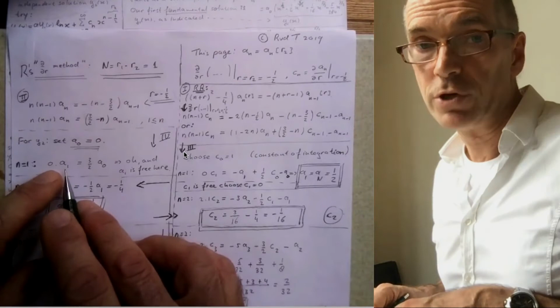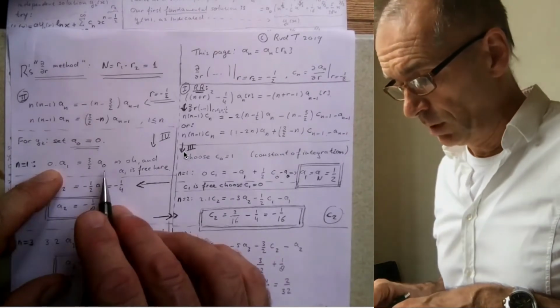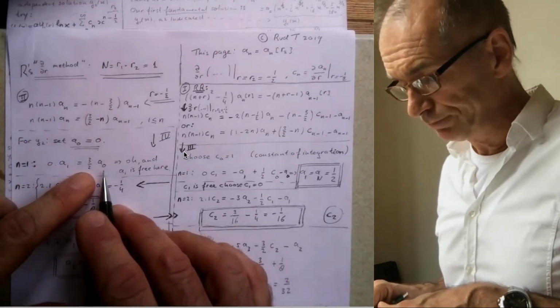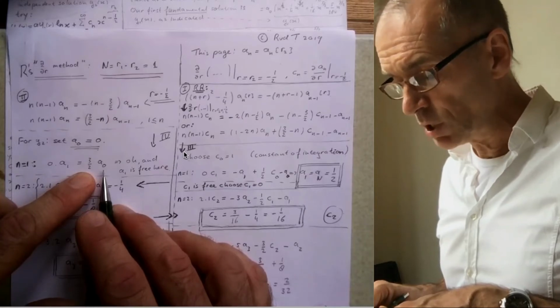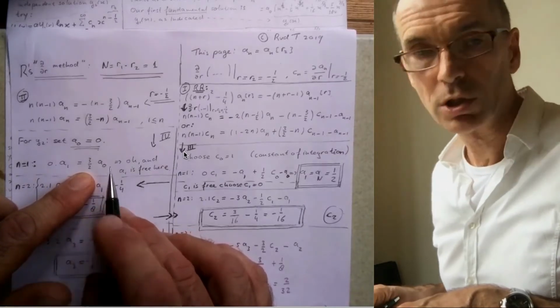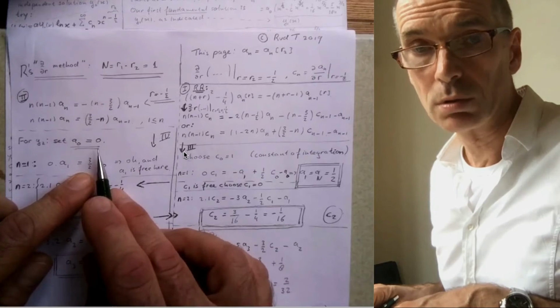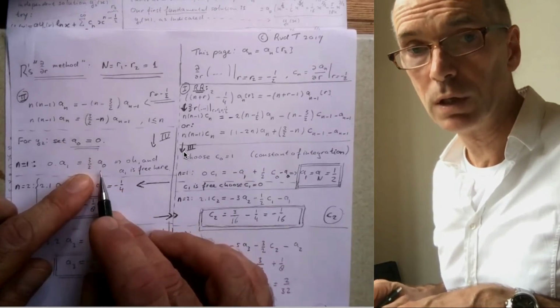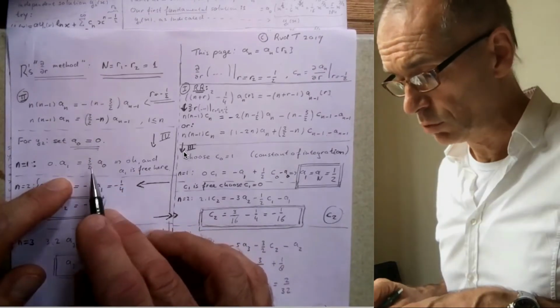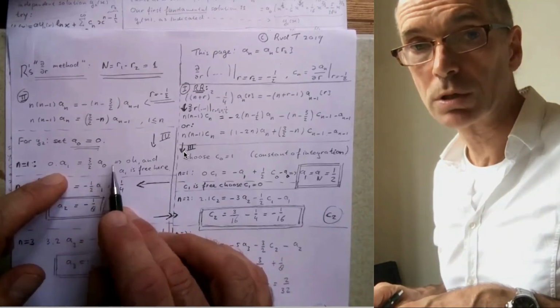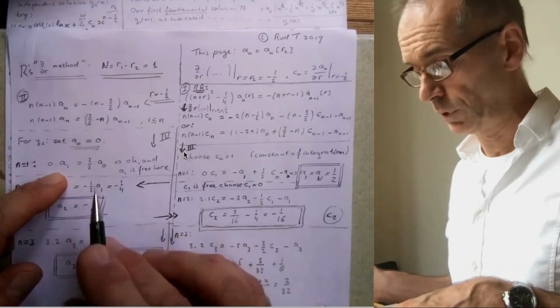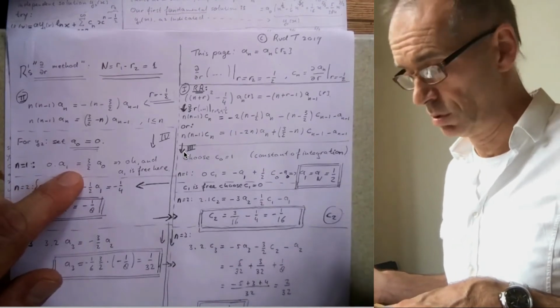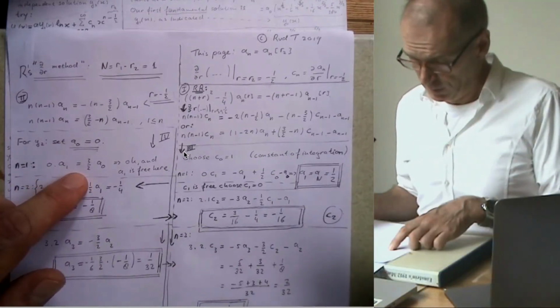So a1 is free. You look at an equation here, and you see indeed that I said you should set a0 to 0, and otherwise you would have found it here in this case, because this equation tells you that a0 must be 0. But that is not the general rule. It is okay.